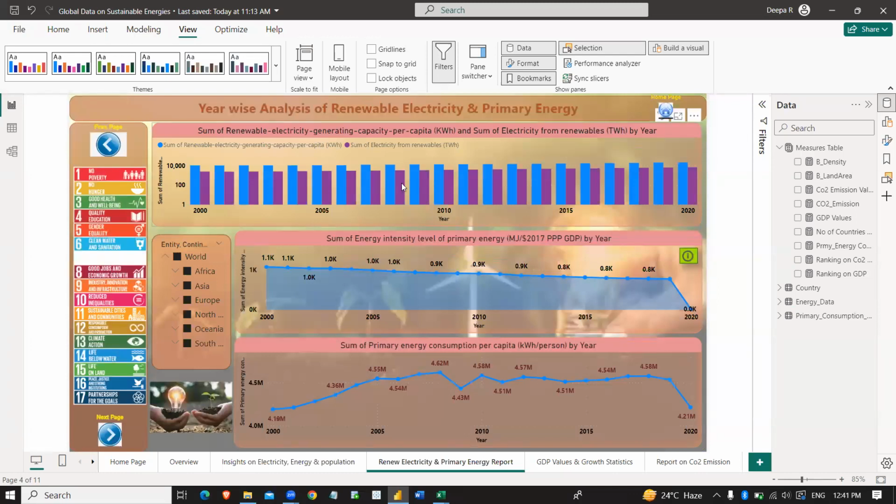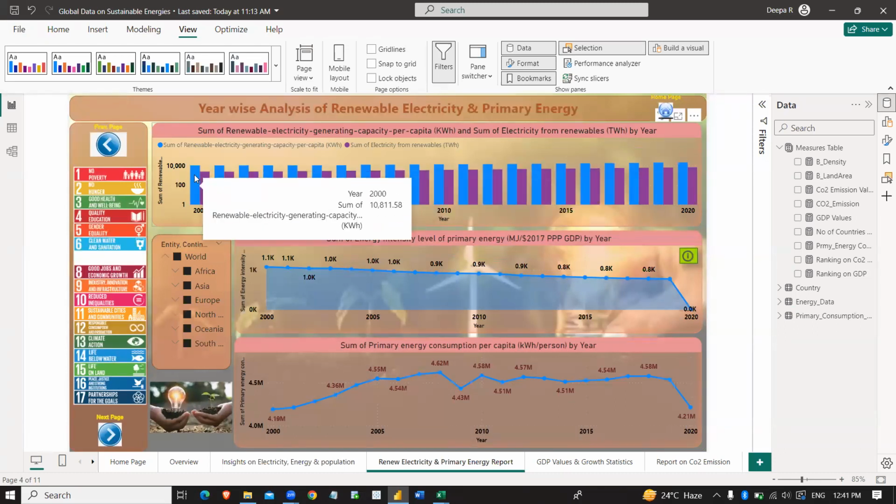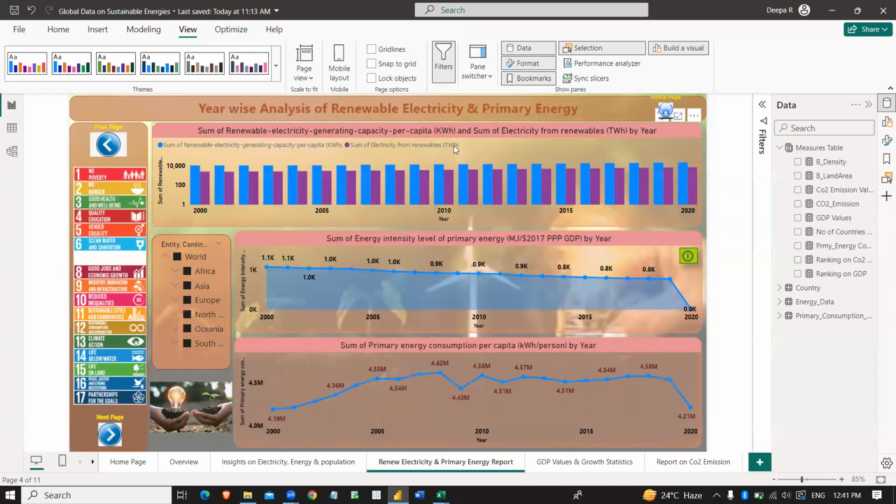The purple columns show the electricity from renewables, which is in terawatts, whereas the blue columns show the renewable electricity generating capacity per capita in kilowatts. So this is in kilowatts and this is in terawatts. Please don't get confused. And I have presented these values in logarithmic scale.